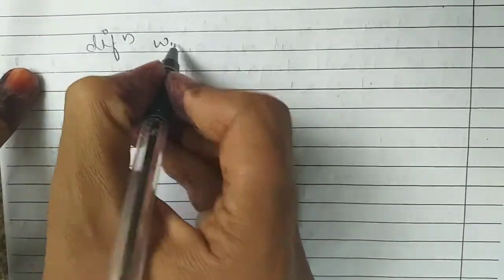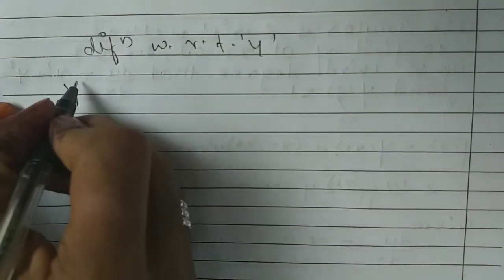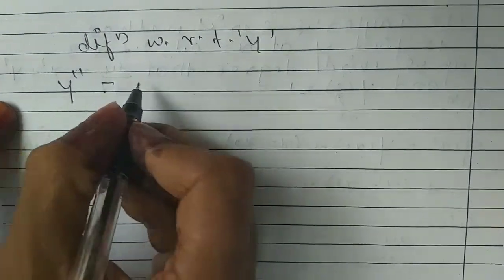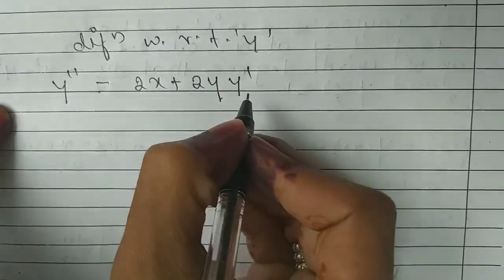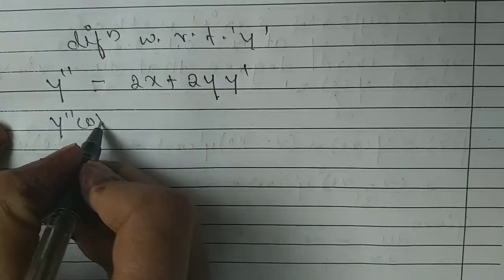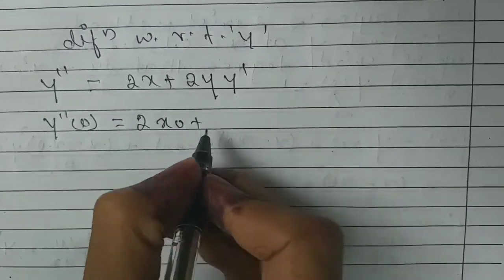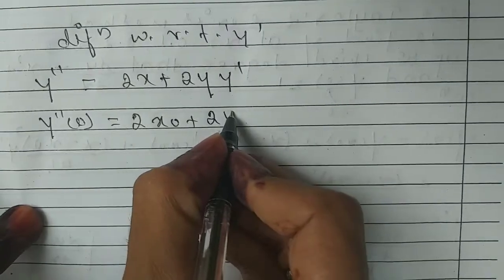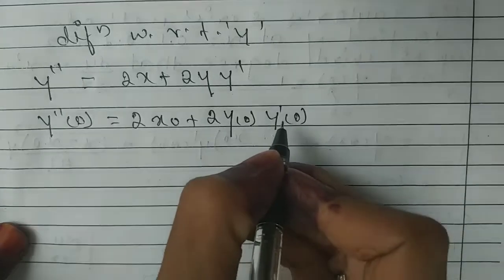So here I differentiate the given equation with respect to x. So y dash becomes y double dash, equal to 2x plus 2y into y dash. So y double dash of 0 is equal to 2 into x naught plus 2 y dash of 0 y of 0.